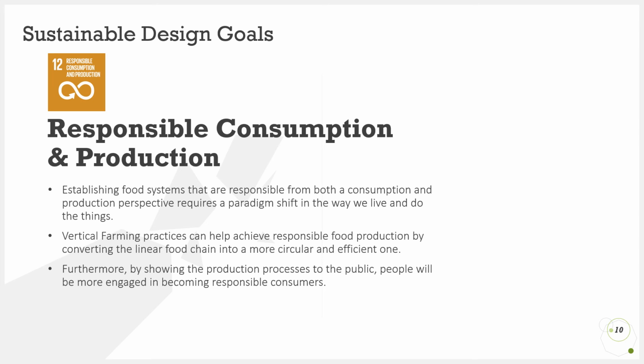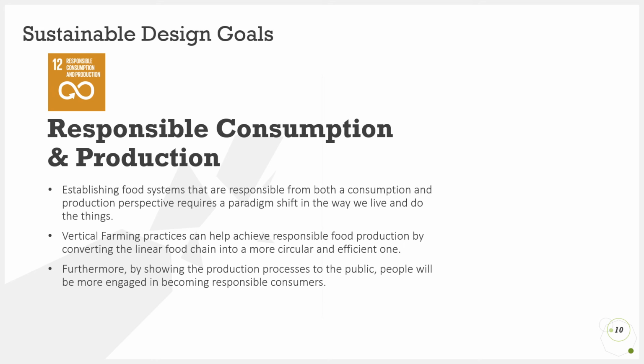And responsible consumption and production is one of the major ones. Establishing food systems that are responsible from both consumption and production perspectives requires a paradigm shift in the way we live and do things.